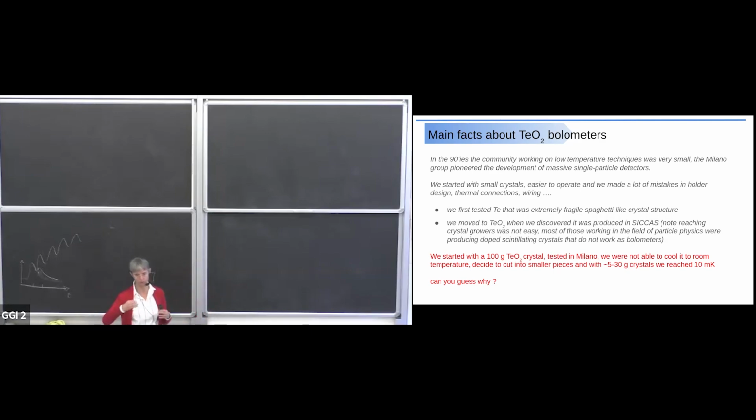Therefore, the amount of power that you can inject in the lower temperature part, I mean, in the mixing chamber or where you deploy the detector, the maximum power that you can dissipate there without increasing the temperature of your cryostat.